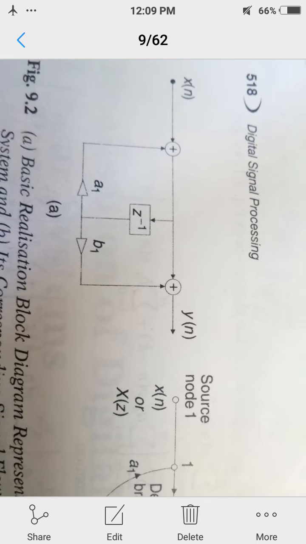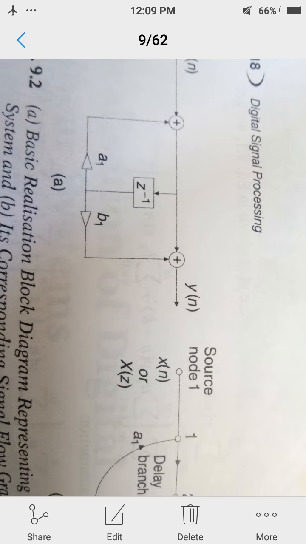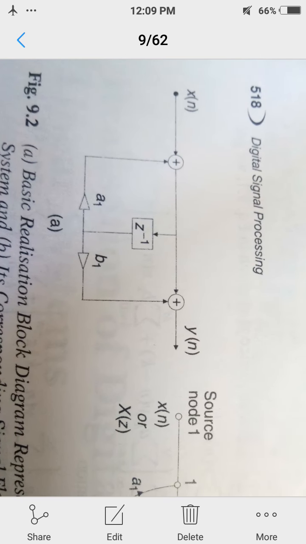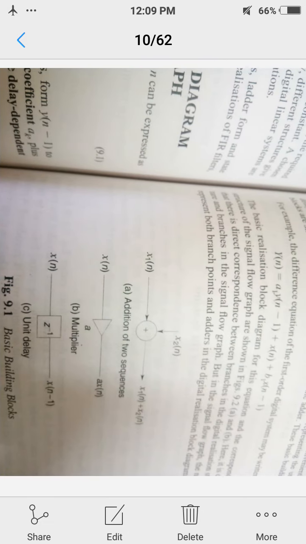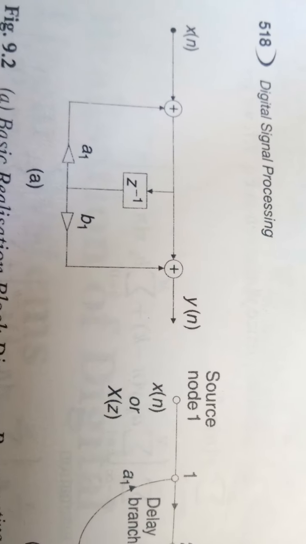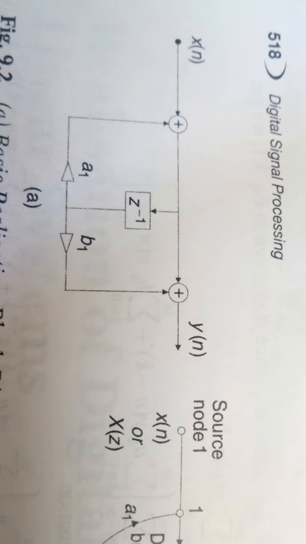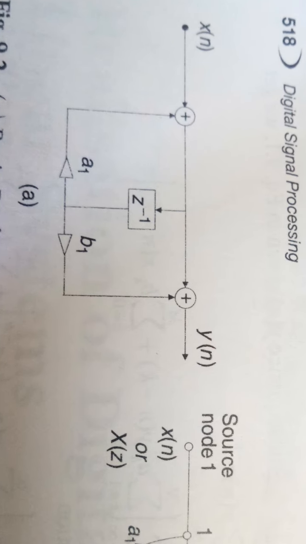So here you can see this equation has addition of the terms. The first term was a1 y[n-1]. So in this diagram you see y[n], and if we take its delay, then a1 y[n-1].